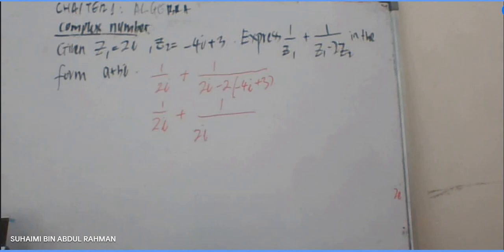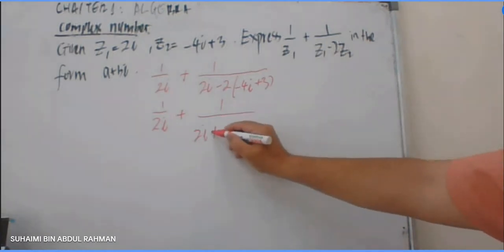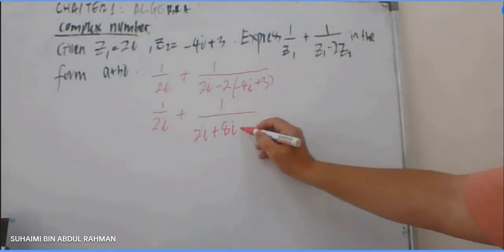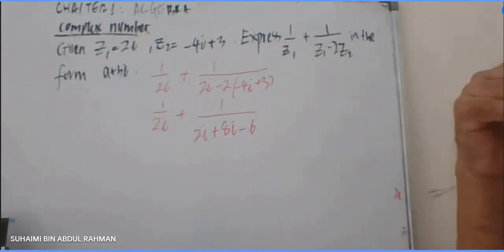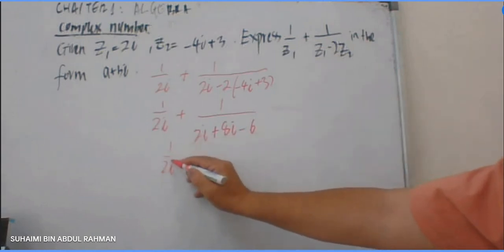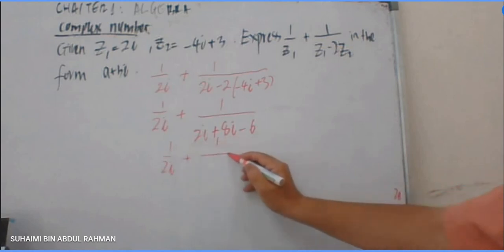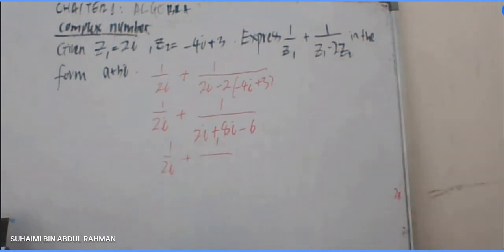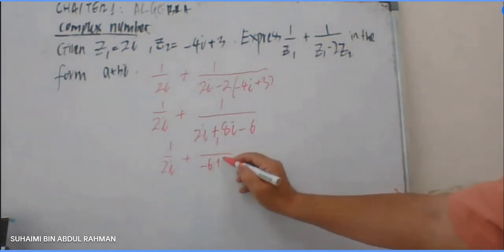Here is going to be what? Plus 8i, minus 6. So 1 over 2i plus 1 over minus 6 plus 10i.